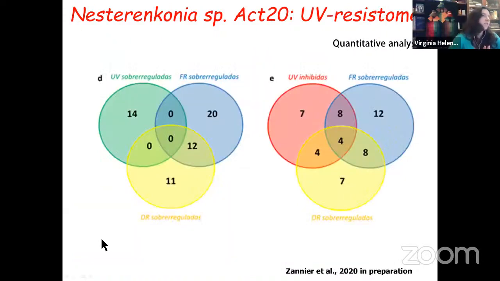Then we can compare the different conditions and see which were upregulated and which were downregulated. So it's a little bit of a mess here, but I want to simplify it to say that all the proteins that were upregulated in UV were unique for this condition.